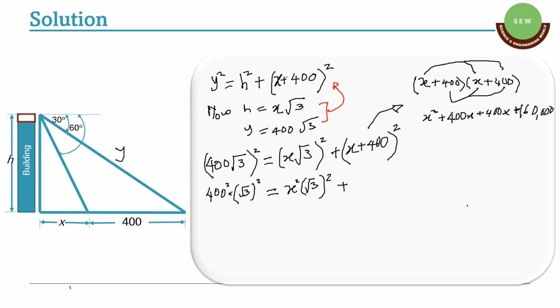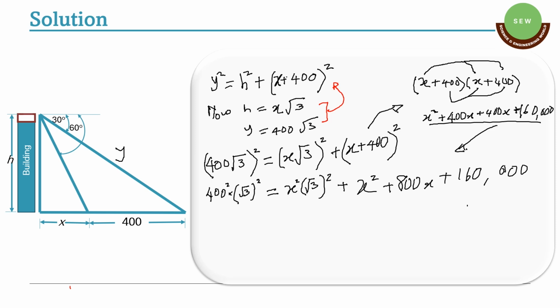So we transfer this into there to give us x squared plus 400 plus 400, that is 800x, then plus 160,000. Alright, let's try and make it very neat.